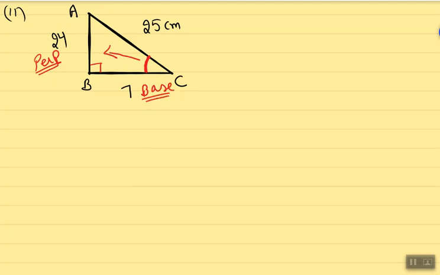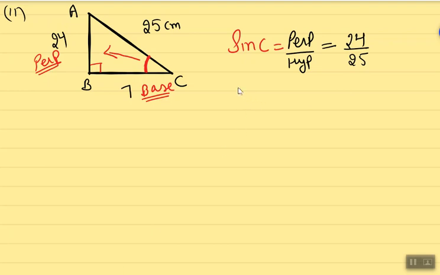Now I want sine C. Now I am taking C angle. Sine C, we know the definition, perpendicular over hypotenuse. Perpendicular is 24 in this case, and hypotenuse is 25.